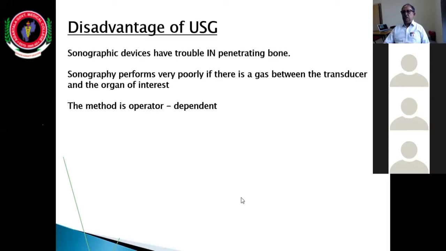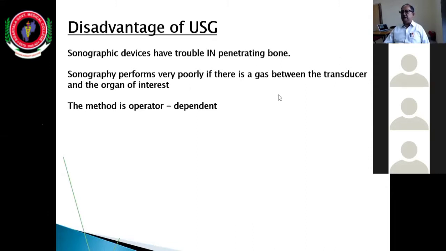So now come to the disadvantages of ultrasound. One of the major disadvantages is that it cannot penetrate the bones. So for the bones, sonography is not possible.